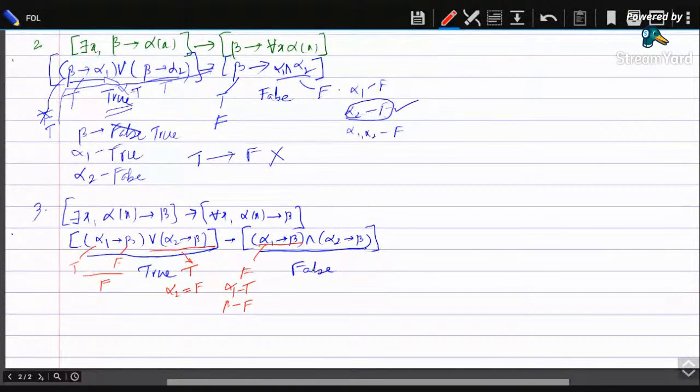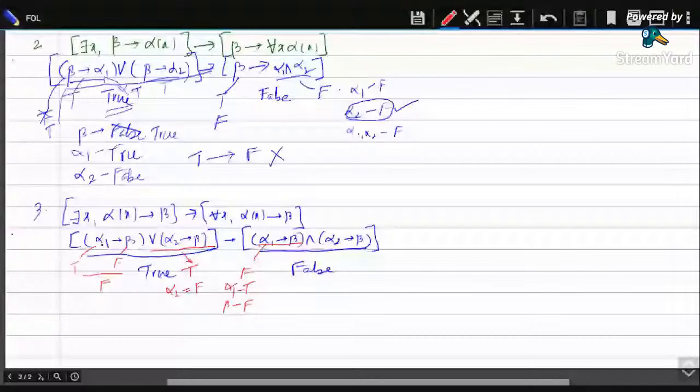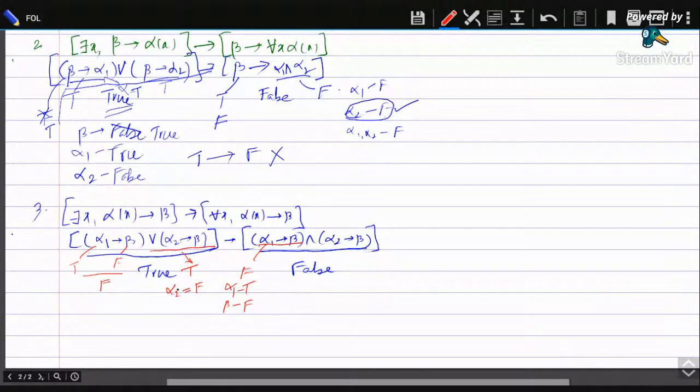So we are trying to make the left hand side true. While alpha 1 is fixed to true and beta is false, so true, false. What happens? This is false. And what about this? Can we make this true? Yes, we can make this true if alpha 2 is false. If alpha 2 is false, whatever be beta, this is going to be true.